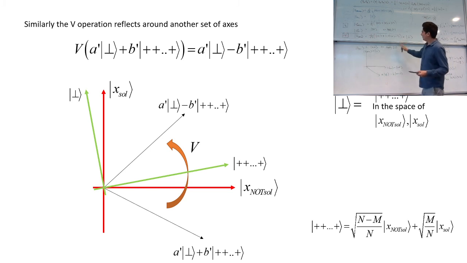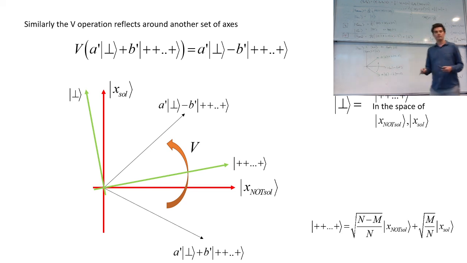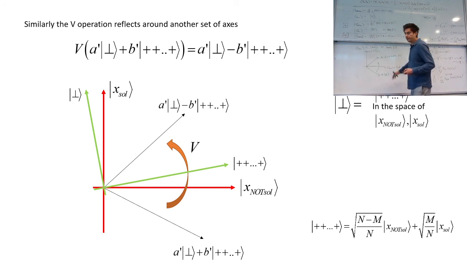Because the action of this V operator is to apply a minus sign on this state, basically this will flip it to this state, plus. So the action of this is exactly the same, just that the axis is on this plus state.